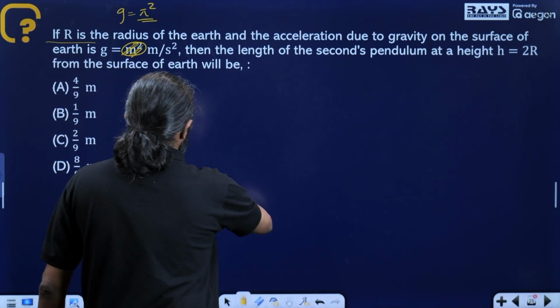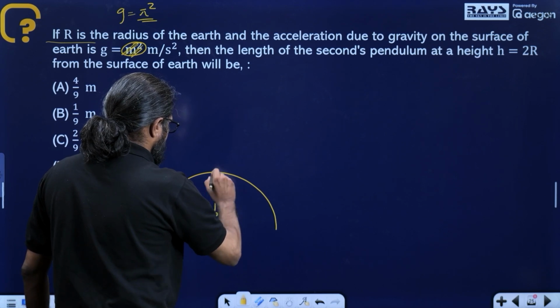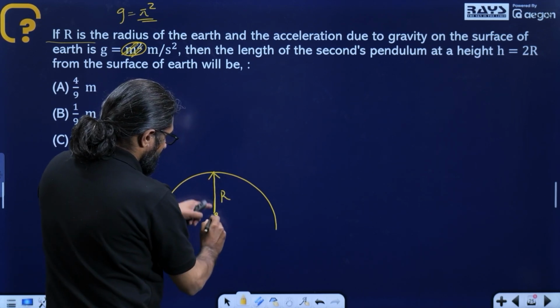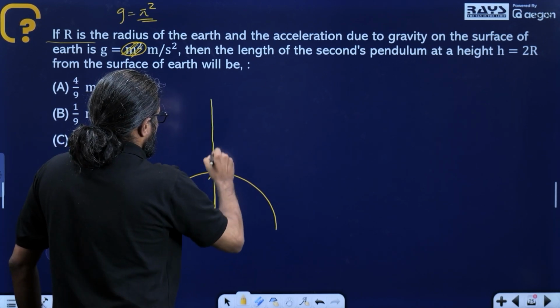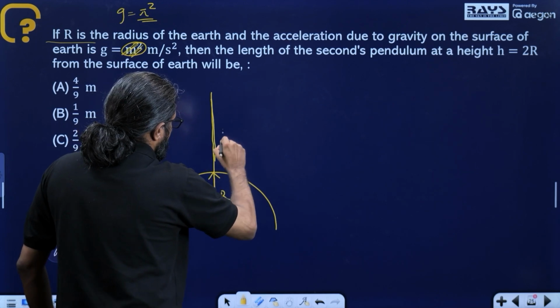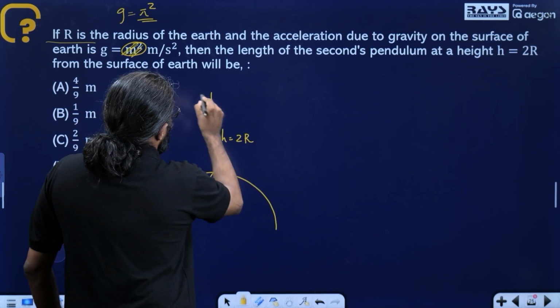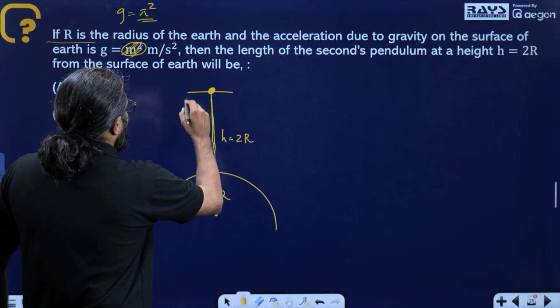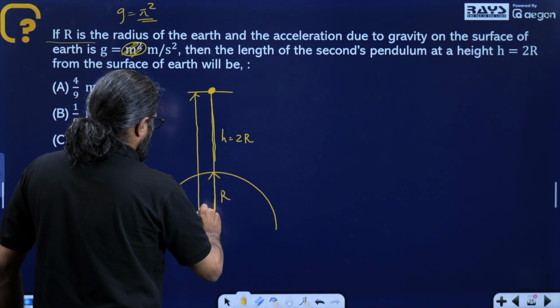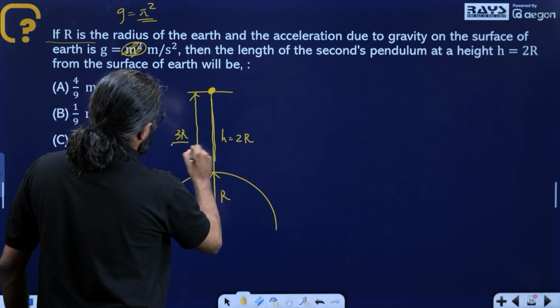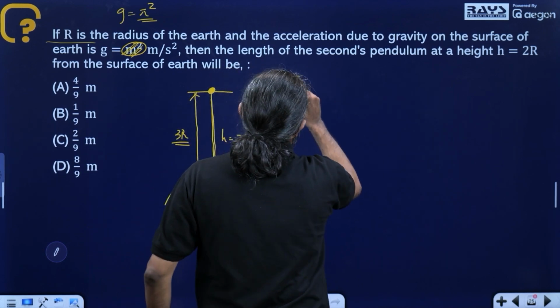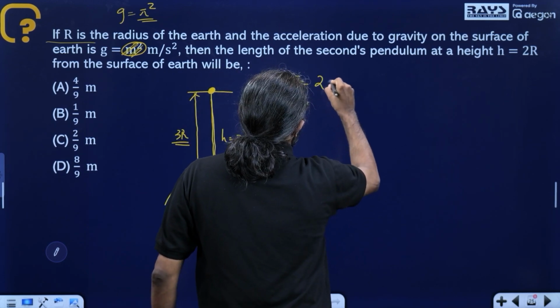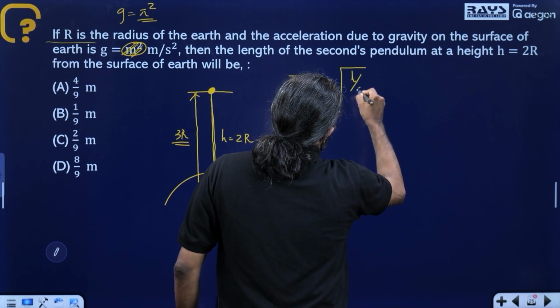Now, if this is the earth, this is the radius of the earth, if this is the center, the height that we are given here is 2r, and this is the point where we have to calculate the time period of second pendulum. This distance will have to be equal to 3r. The time period of a pendulum is T is equal to 2 pi root L by G.